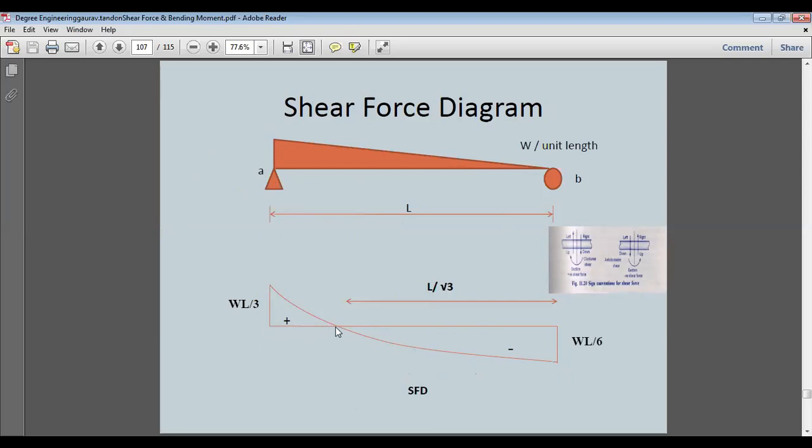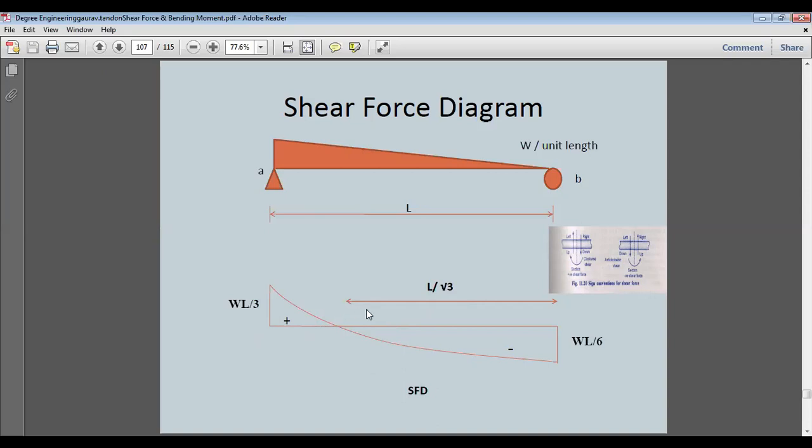This is the point at which, if we convert this whole uniformly varying load to a point load, it will act. This distance is L by root 3, and the other is L minus L by root 3.